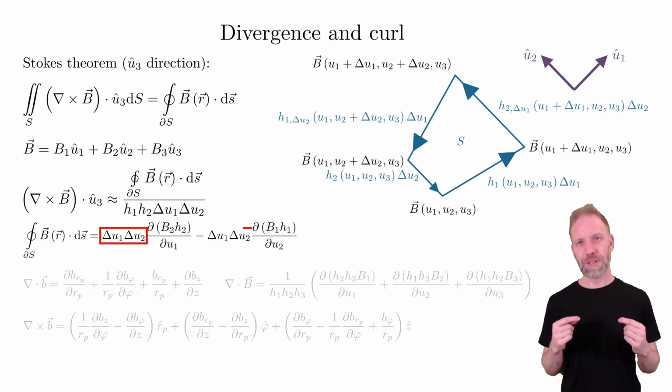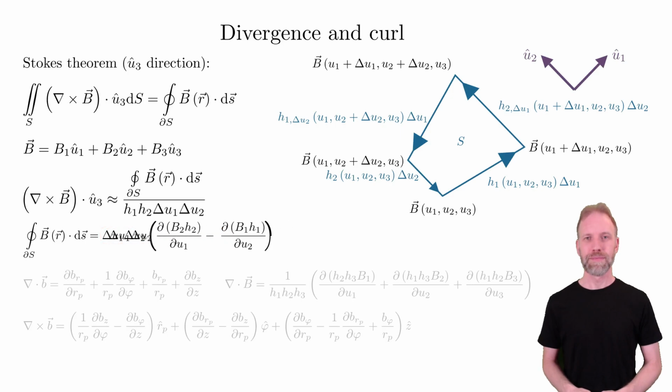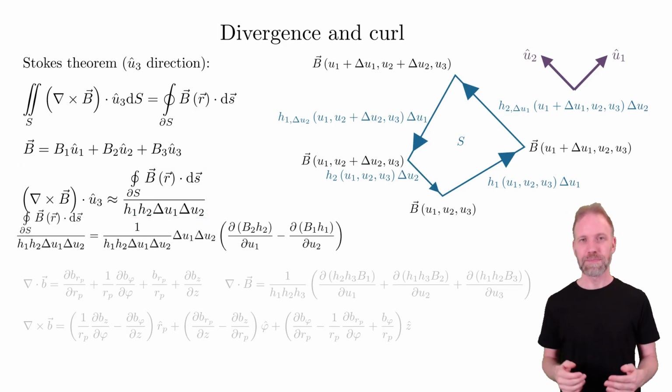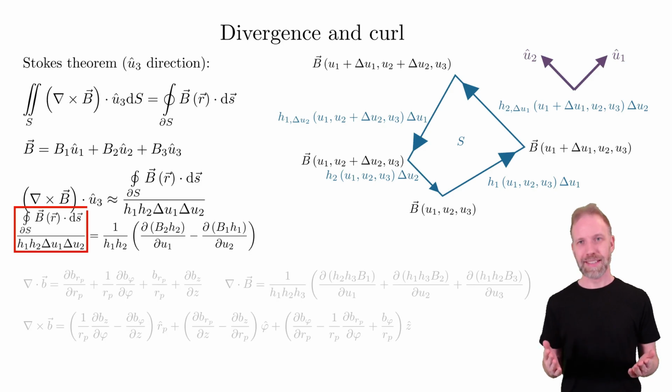Delta u1, delta u2 is a common factor. Divide by h1, h2, delta u1, delta u2 to get the u3 component of the curl. These will cancel. Write this as the curl instead.